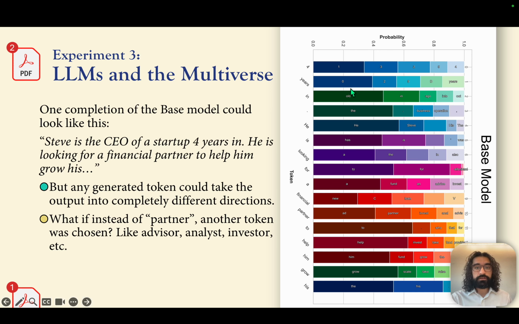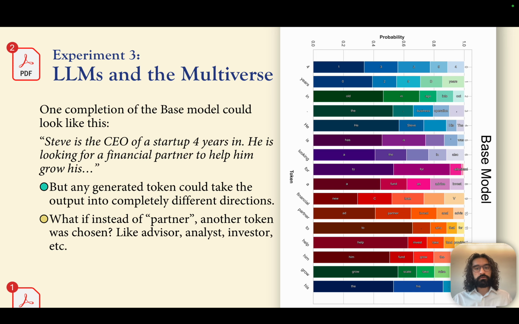At each point in the token generation, the model could go off to a completely different trajectory. For instance, Steve is a CEO of a startup company 4 years in. He is looking for a financial partner, or maybe a financial advisor, a financial investor, a financial analyst. By choosing each of these tokens, the model will be generating a completely different output.